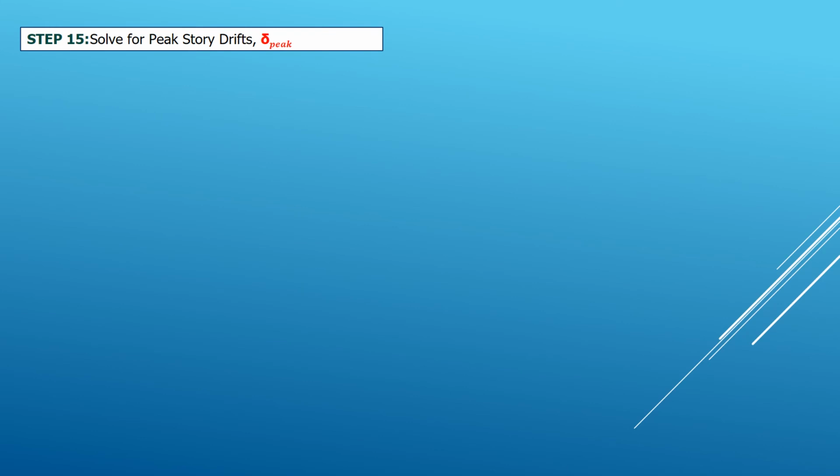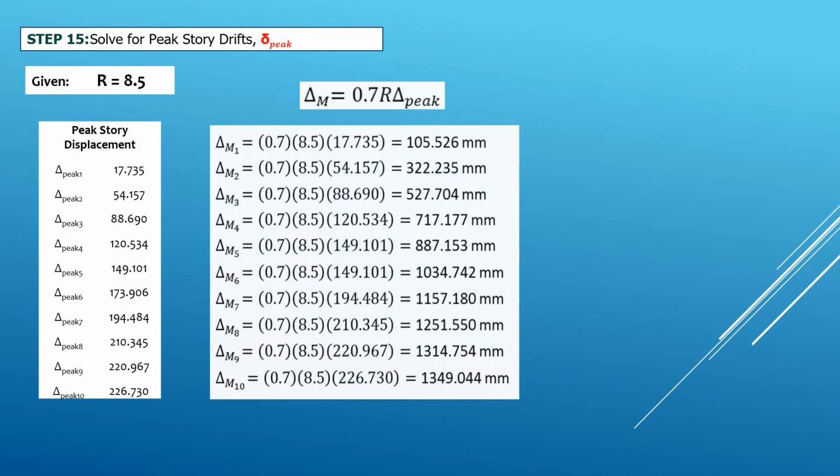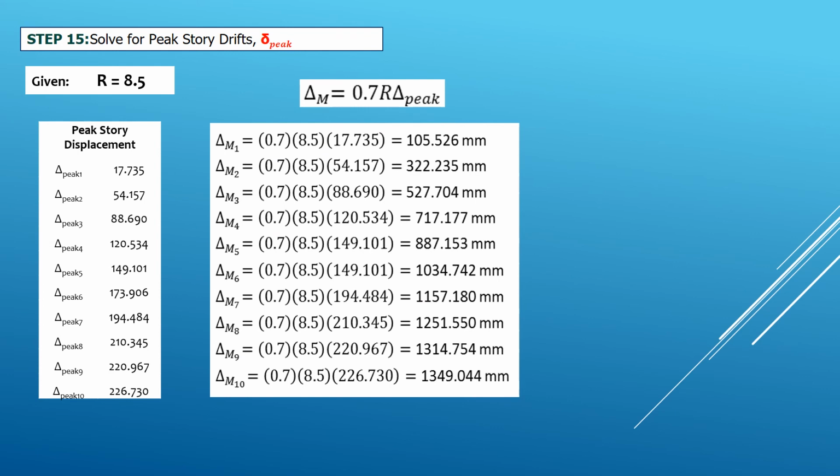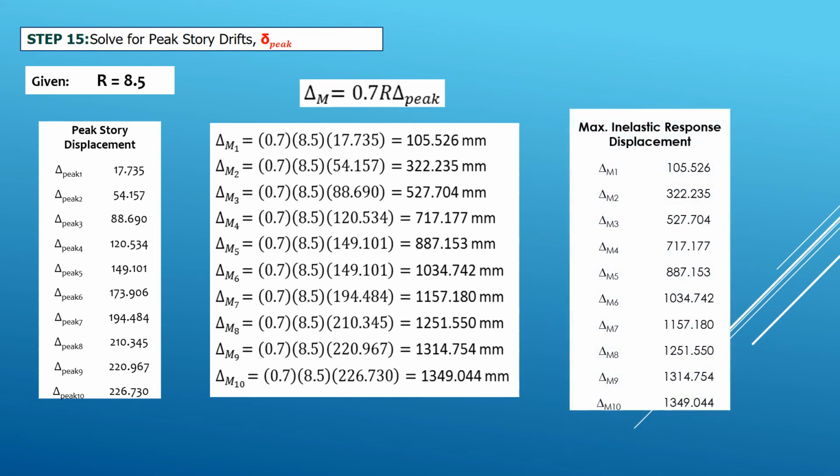Step 15, solve for peak story drift. So, formula for maximum inelastic response is delta sub m is equals to 0.7 R times peak story displacement. Since given na yung R is equals to 8.5 at si peak story displacement na nasolve na natin kanina, i-substitute na lang natin siya.